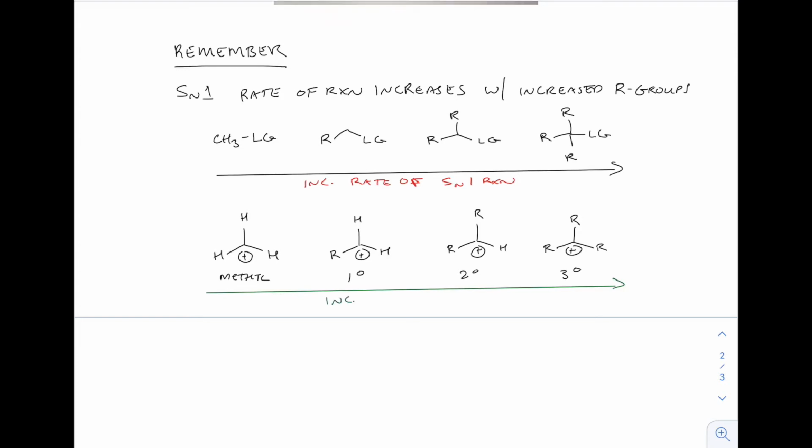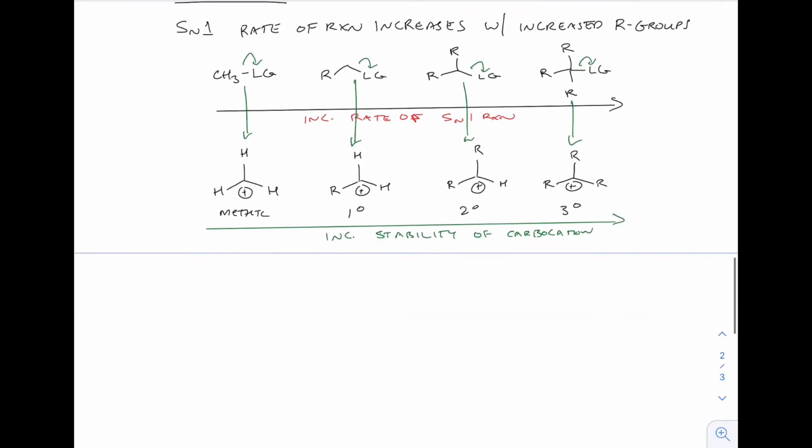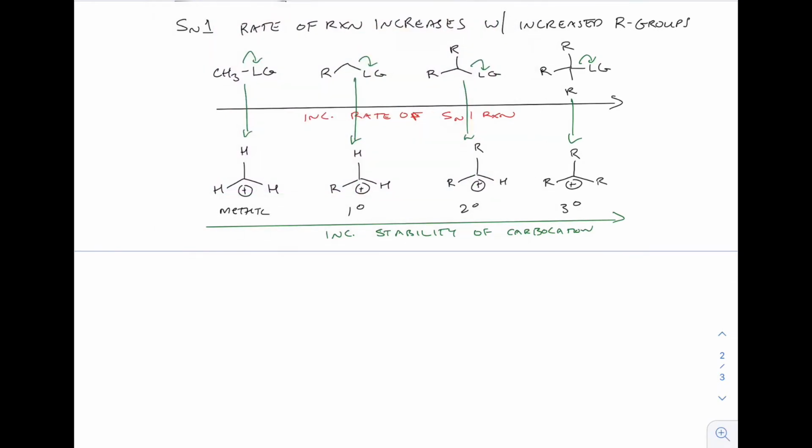All right. So we've got the methyl, primary, secondary, tertiary carbocation. As we go from left to right, we have increased stability of the carbocation, right? Well, that's oddly familiar. Let's say that the leaving groups all left. What would we get? Well, what we're going to get is these respective carbocations down below. Well, let's think about what that means.